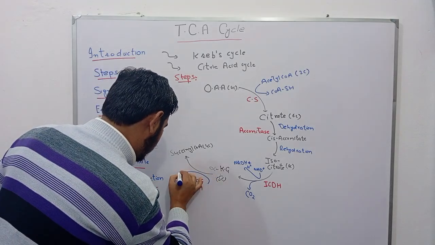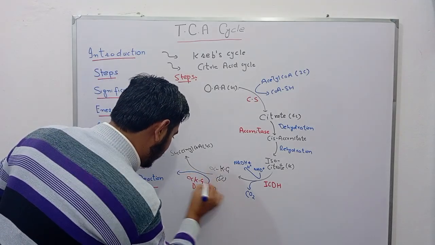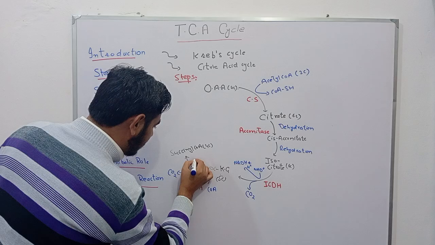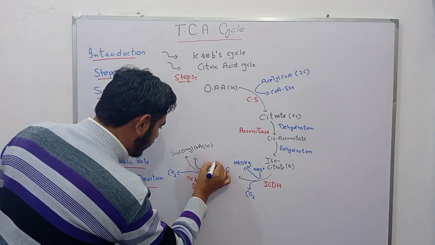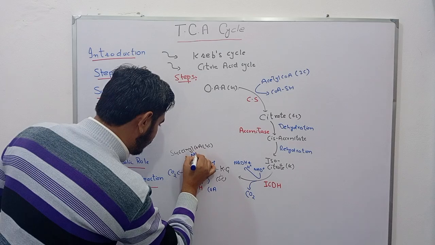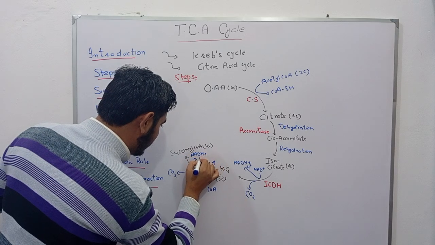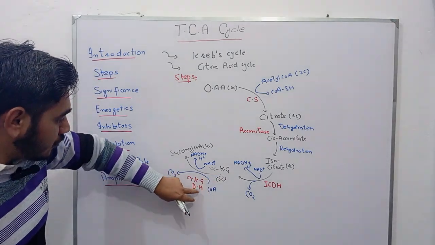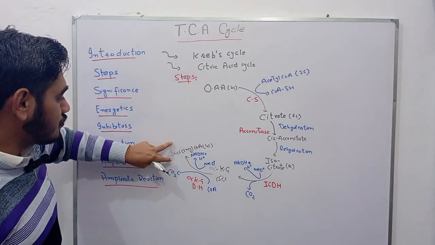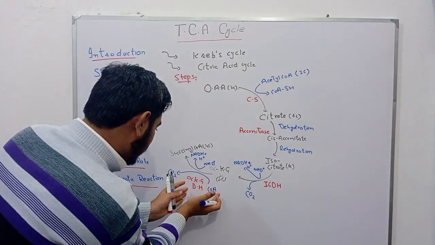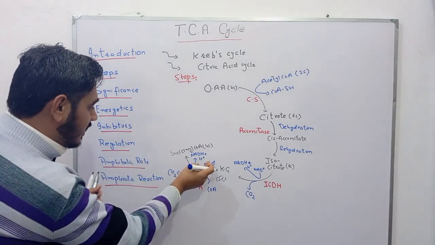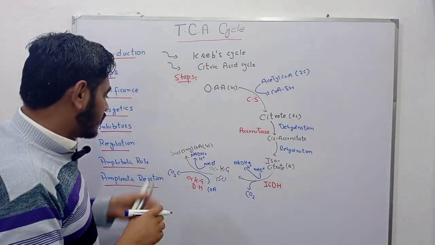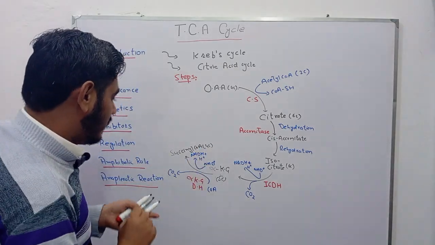There is an incorporation of coenzyme A and removal of carbon dioxide, and NAD plus converts into NADH and H plus. This results in the formation of succinyl CoA, a 4 carbon atom containing compound.